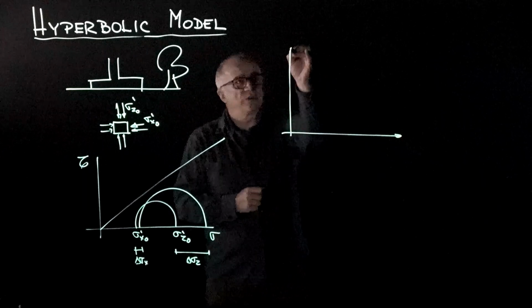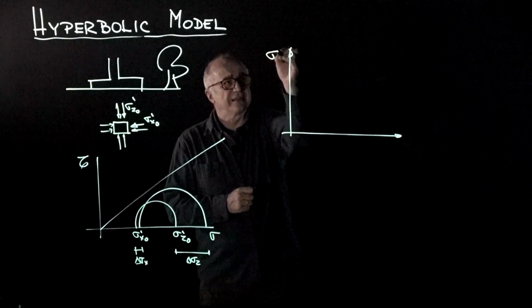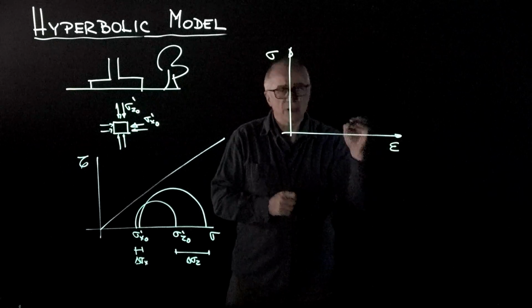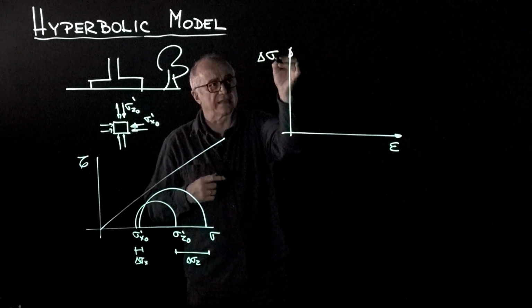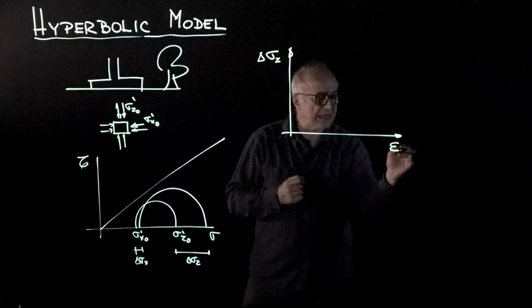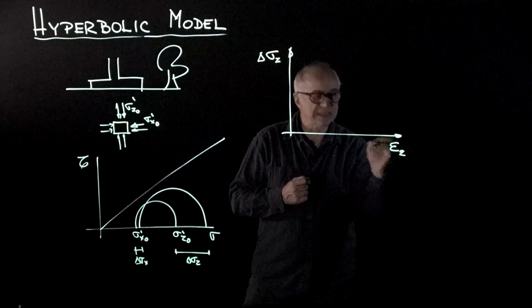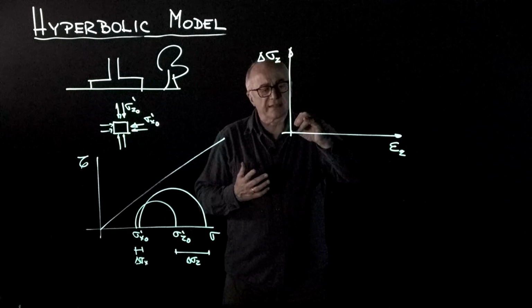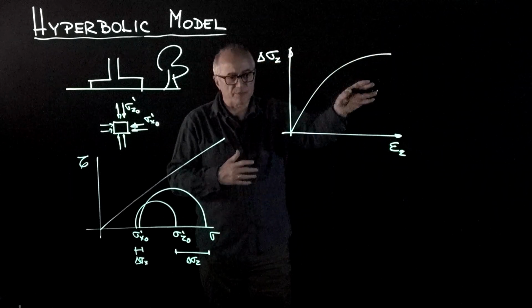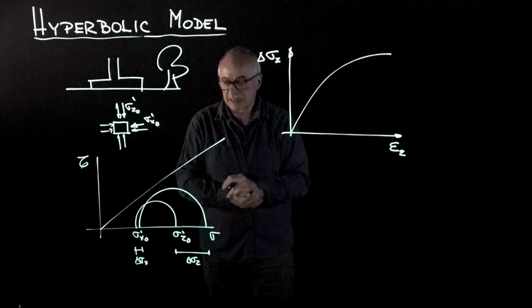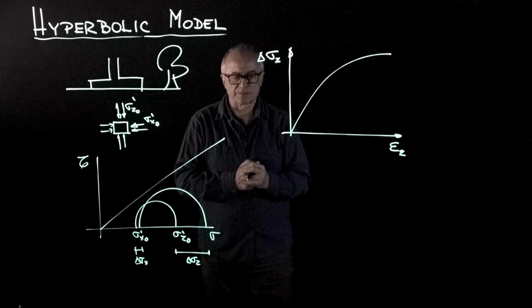Therefore, when we look at the stress-strain relationship, we are actually talking about the stress changes, let's say in Z, that are causing the strains in Z, and this would be something of this shape. Or it could have a post-peak strain softening, as we have seen in other discussions.